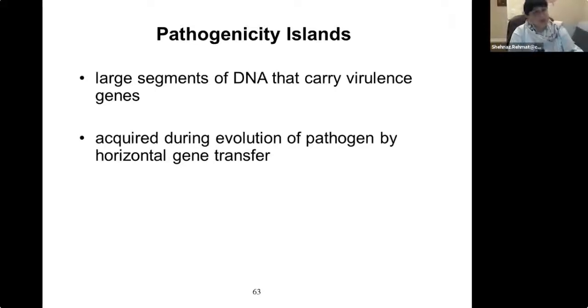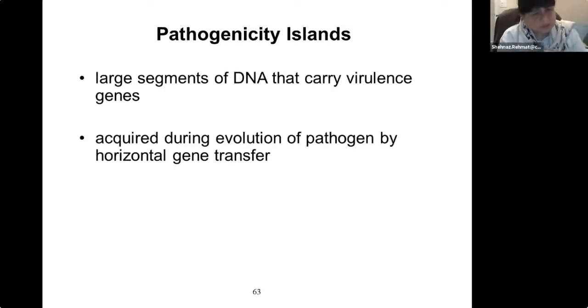This, we hypothesize, has been acquired during evolution in these pathogens by horizontal gene transfer. And we know a very good example of E. coli, which has become pathogenic, has taken over this plasmid from the cholera bacterium and has started to produce the toxin for itself.